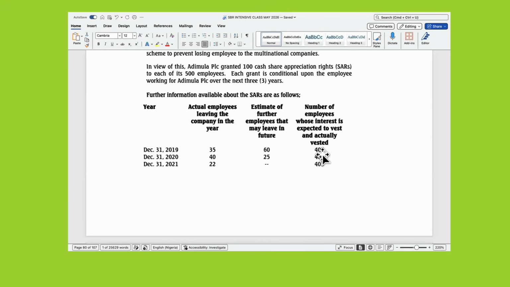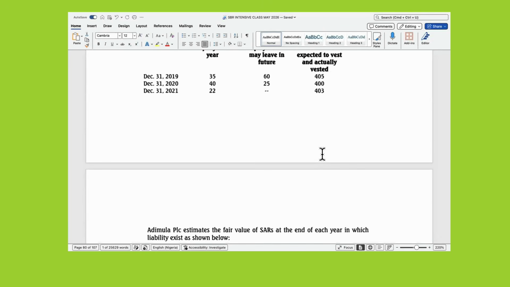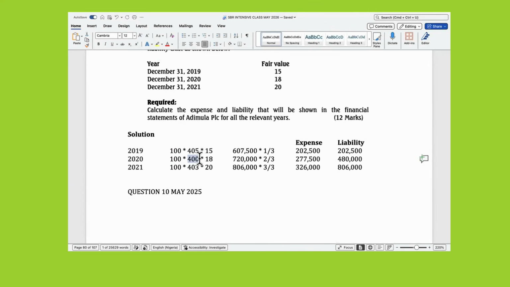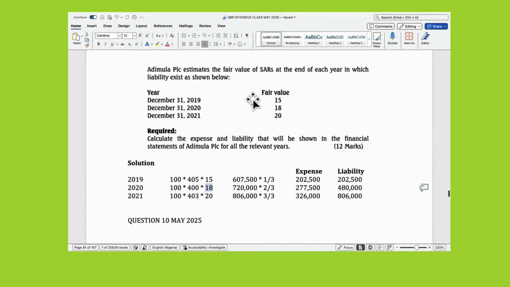So only 400 employees will meet the condition, and those are the people that we have liability for. That's why we use 400 here, multiplied by the fair value at the end of 2020, which from the table is 18 naira.